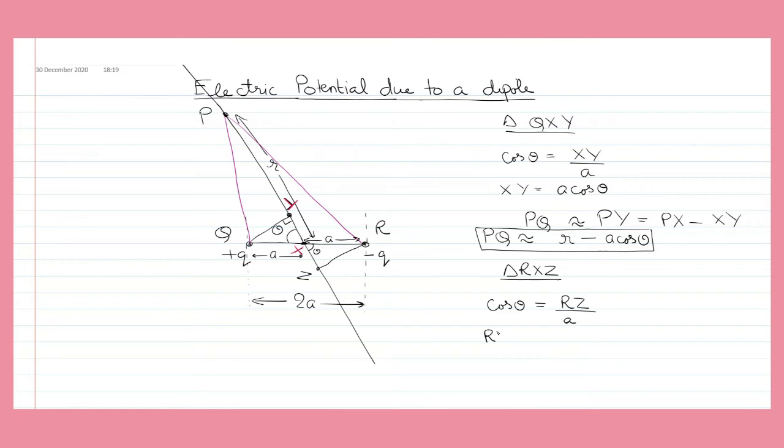So RZ will again be equal to a cos theta. Now PR will approximately be equal to PZ, and this PZ is equal to PX plus XZ. So PR will be approximately equal to PX, which is r, plus XZ, which is a cos theta.